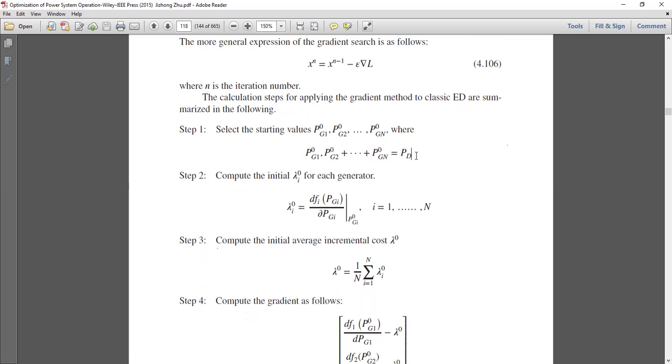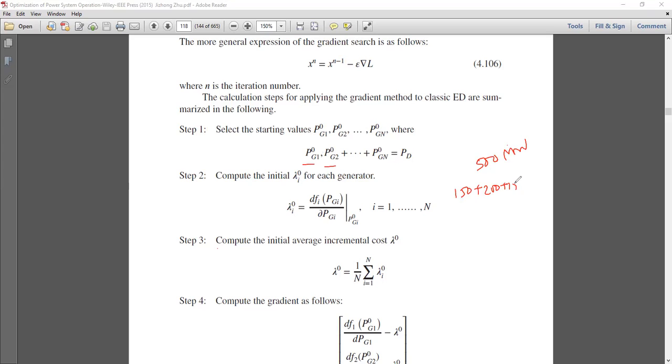You get the point? We already have used this kind of thing earlier. So let's say if your demand is 500 megawatt, you have 3 units. So let's say you take something like this, 150 plus 200 plus 200. Oh no, how much is it? It is 350.